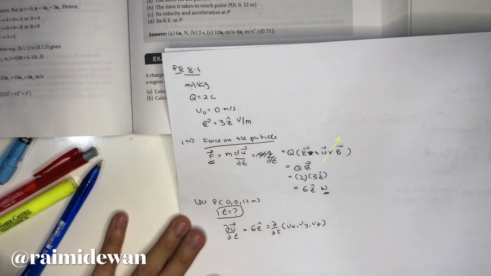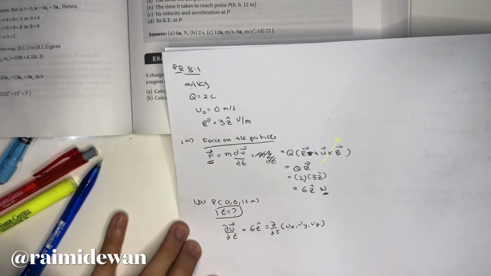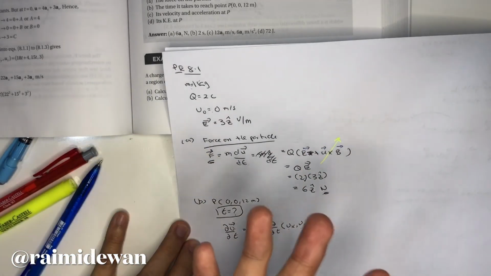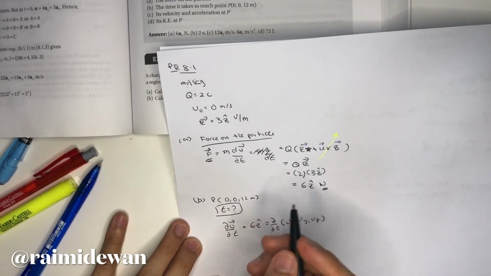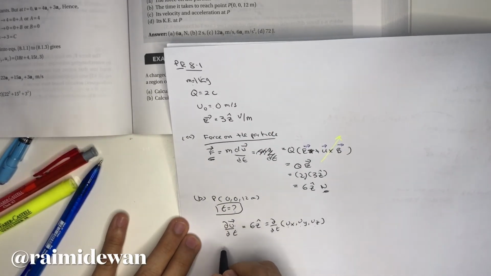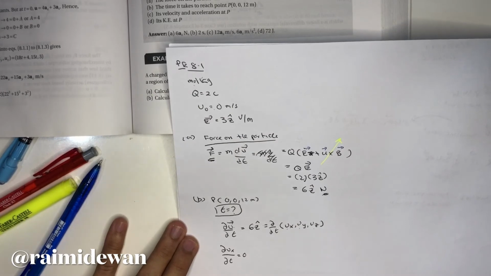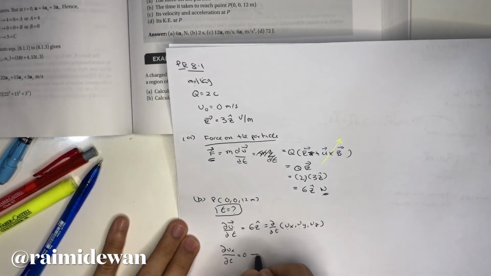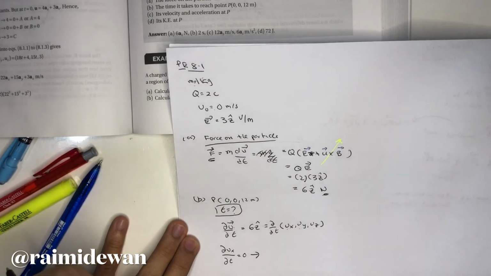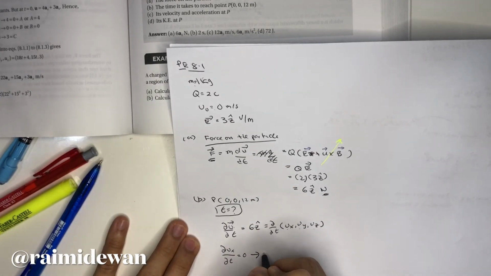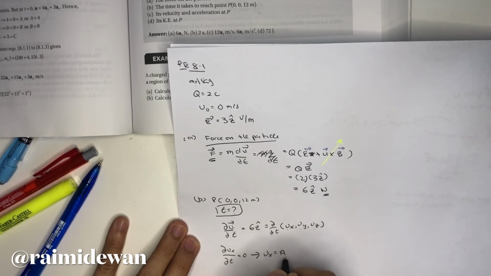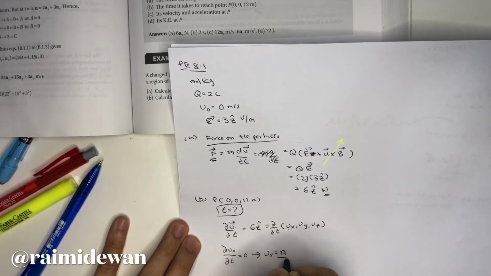Now if we want to consider the movements corresponding to X, to Y, and to Z, we take first du x over dt equals to 0. Then we will get ux equals to a. So a is like a constant.